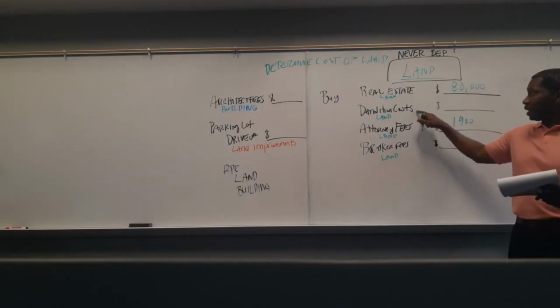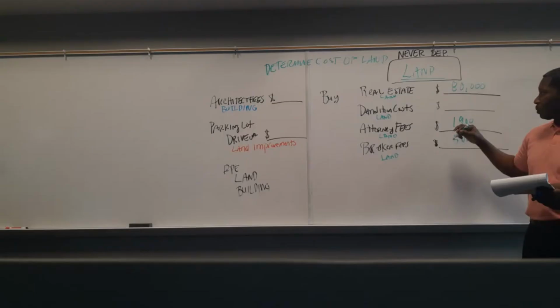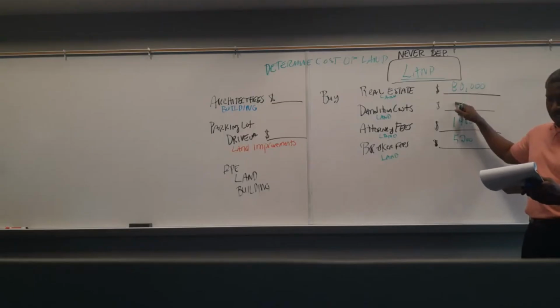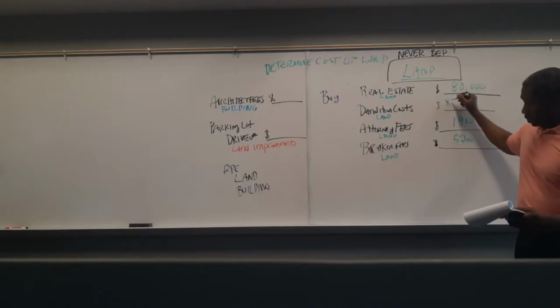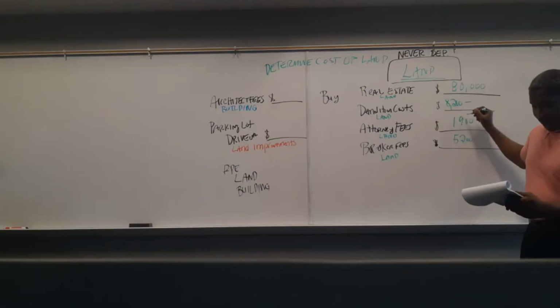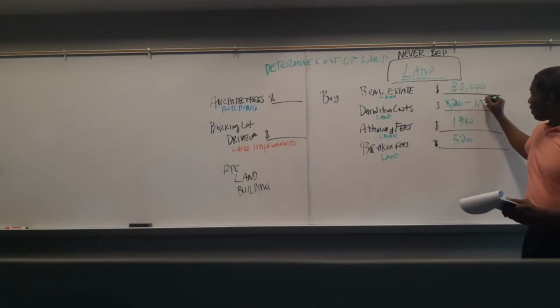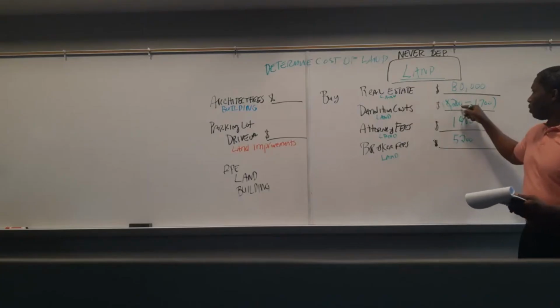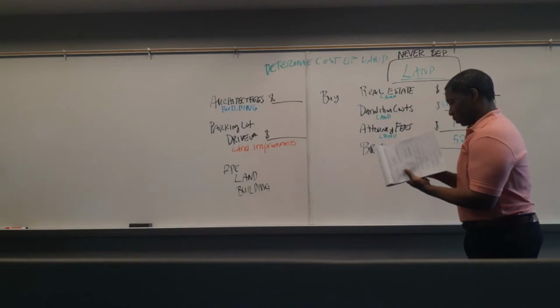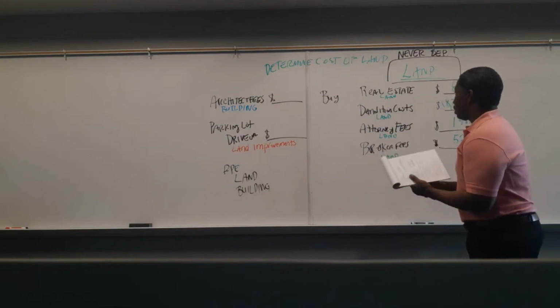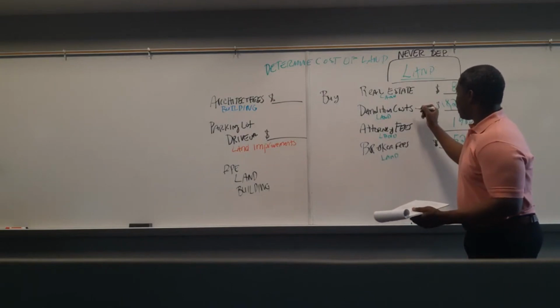Now, demolition costs, I'm going to put two numbers here because I want to make sure we understand what's going on. We have $8,200 of depreciation costs minus what we got back for our sales. So I put that there so we can make sure that we remember. This is what the demolition cost was, and the other part is, and I purposely didn't put it there, but I want to put it there now.